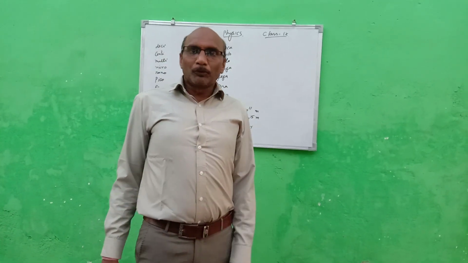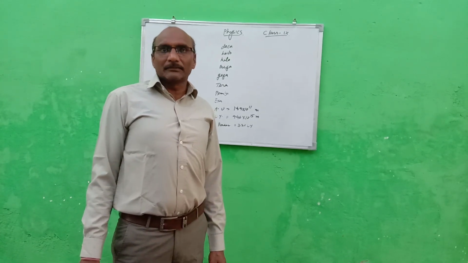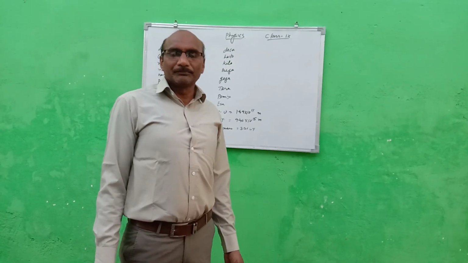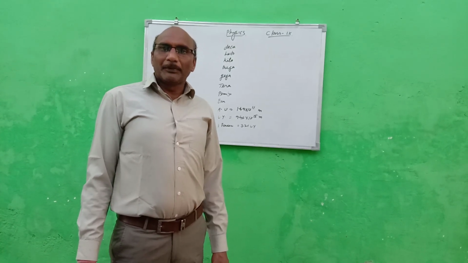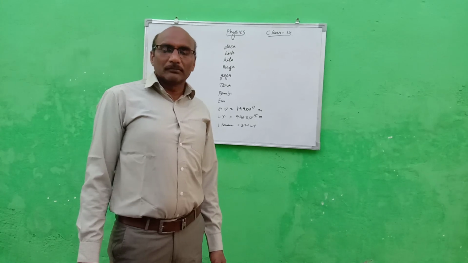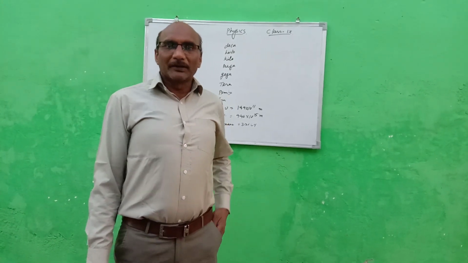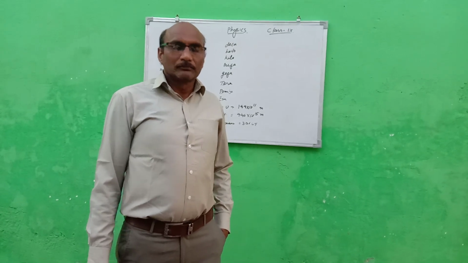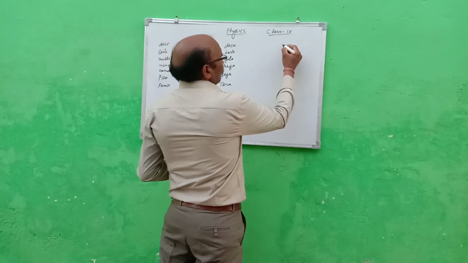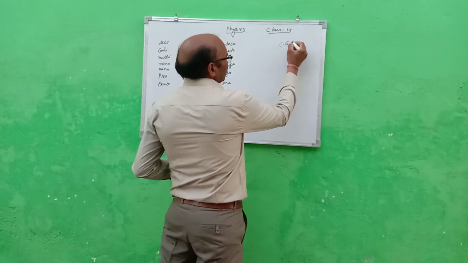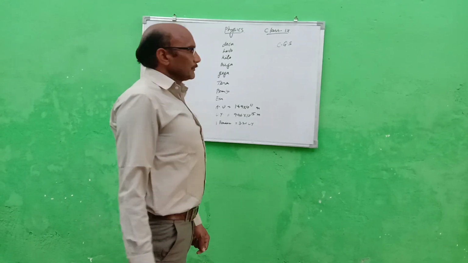Now we will proceed from the previous topic which we discussed in the previous class. In the previous class we discussed the system of units and basic fundamental units, three systems of units. First was CGS, the full name was centimeter, gram and seconds.